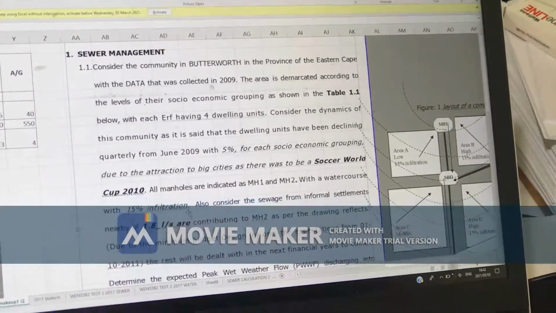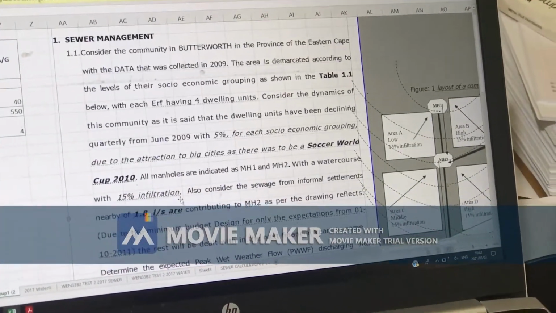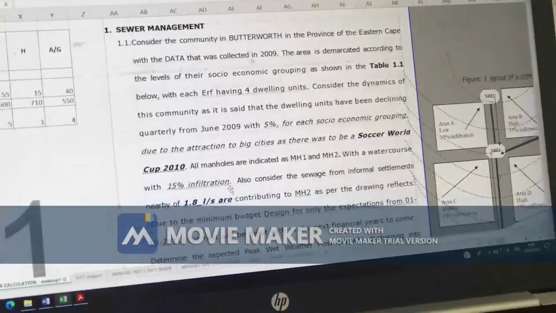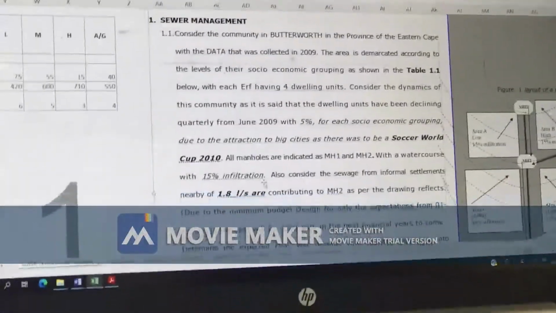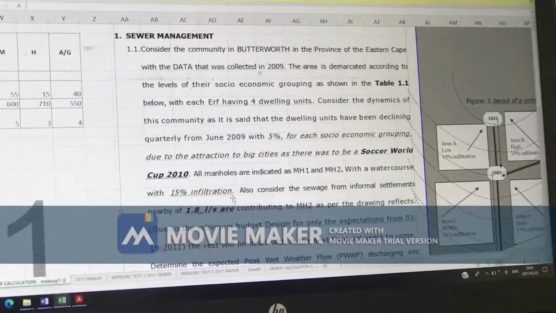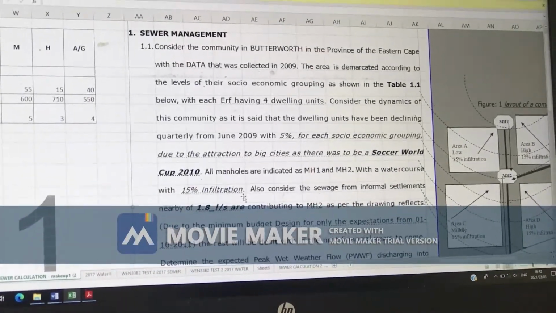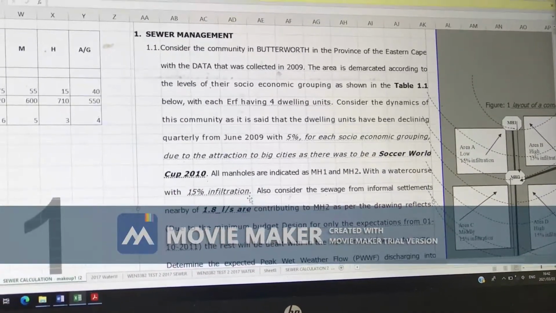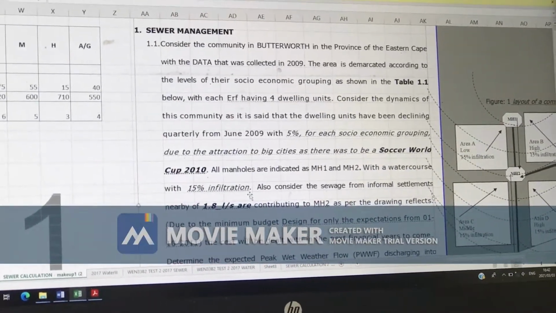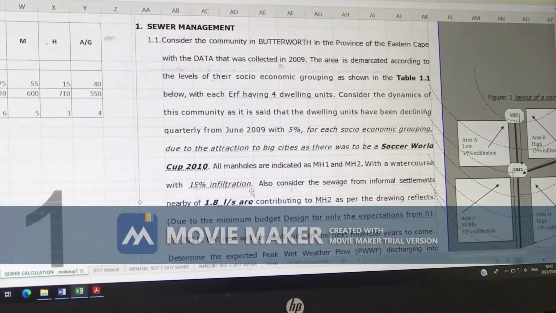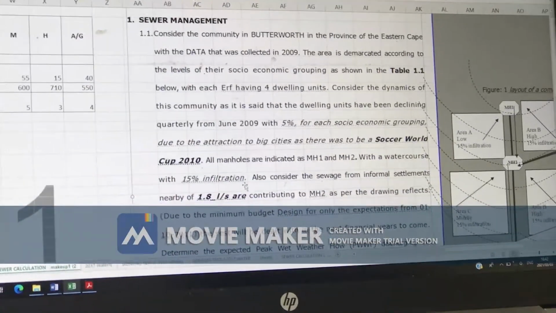All manholes are indicated as manhole 1 and manhole 2 respectively, with a water course with 15% infiltration. Also consider the sewage from informal settlement nearby of 1.8 liters per second contributing to manhole 2.